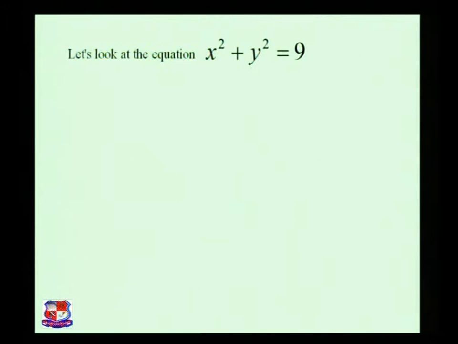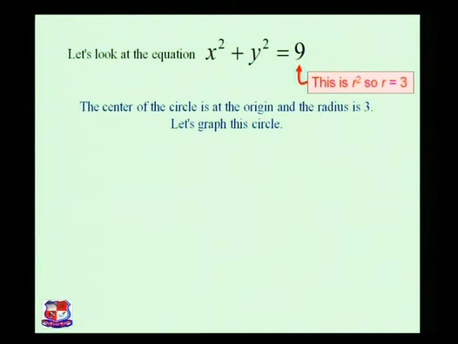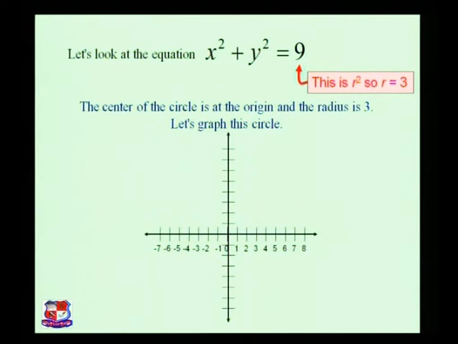Let us look at the equation x square plus y square is equal to 9. So here this is the standard equation form where r square is equal to 9, so r is equal to 3. So the center of the circle is the origin, that means the center of the circle is 0 0 and the radius is 3. And the graph of the circle is like this one.